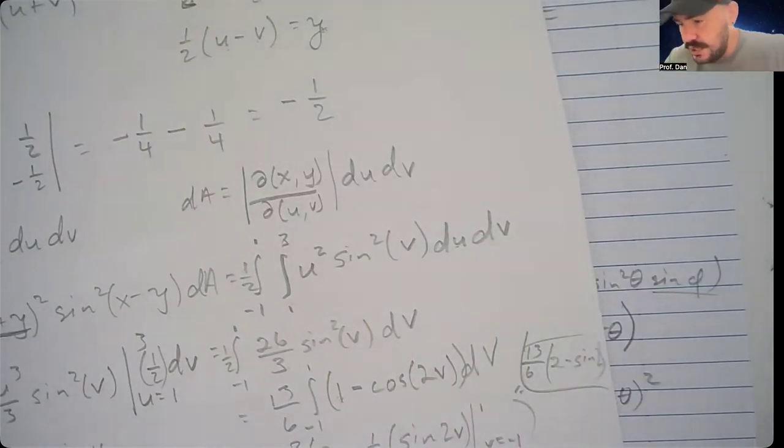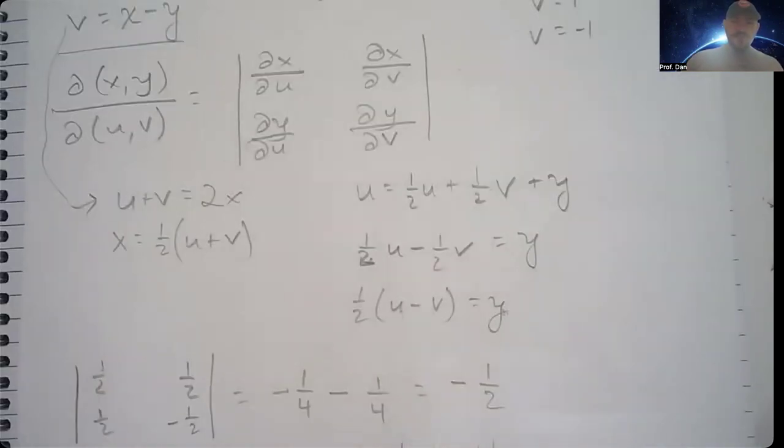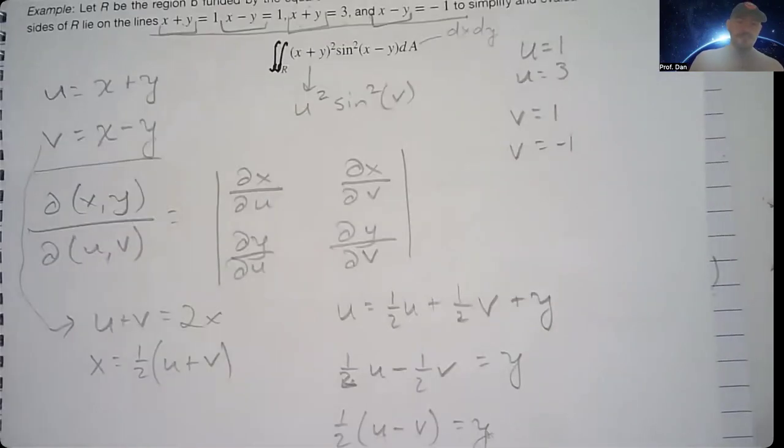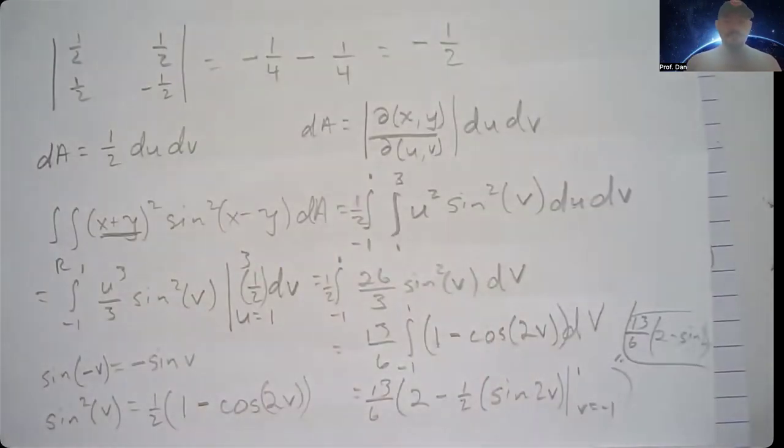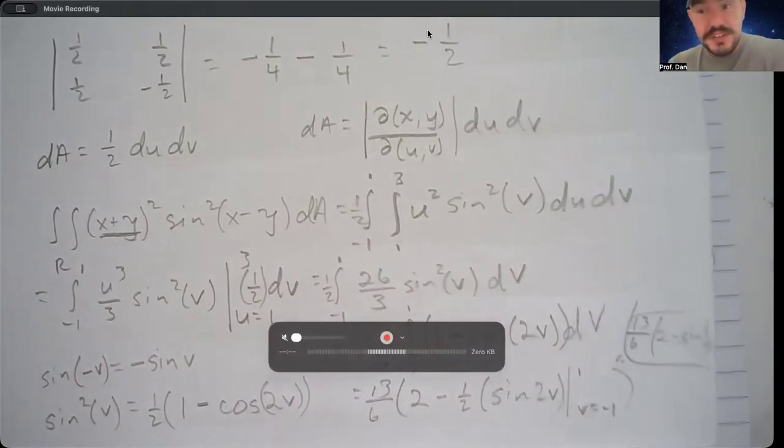So we looked at how that is a way for us to understand why the differentials are what they are in polar, spherical, and cylindrical coordinates, as well as a way for us to make certain integrals go from, oh my God, to very doable. And that is the end of chapter 14, multiple integration.